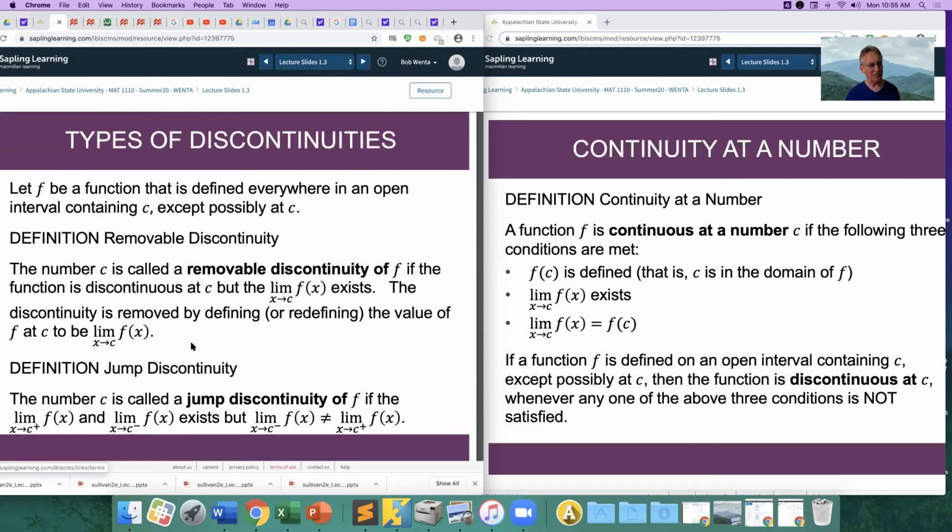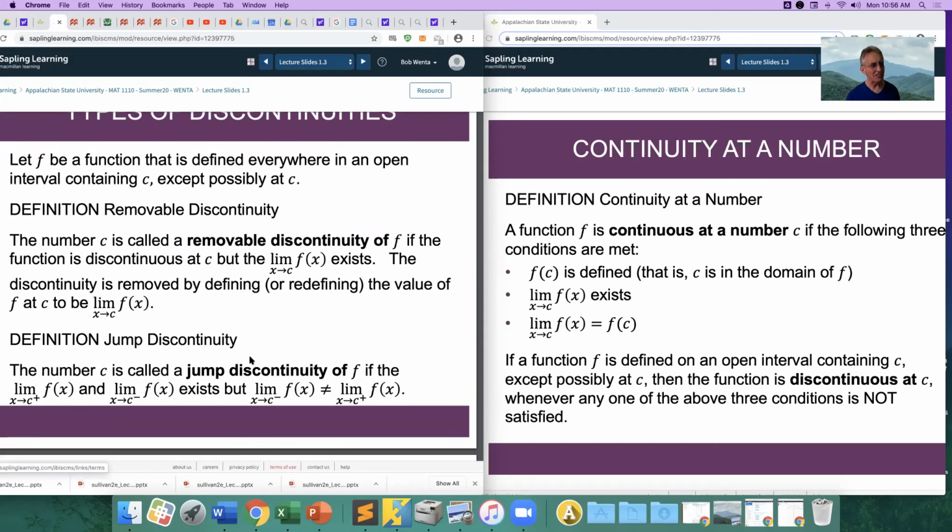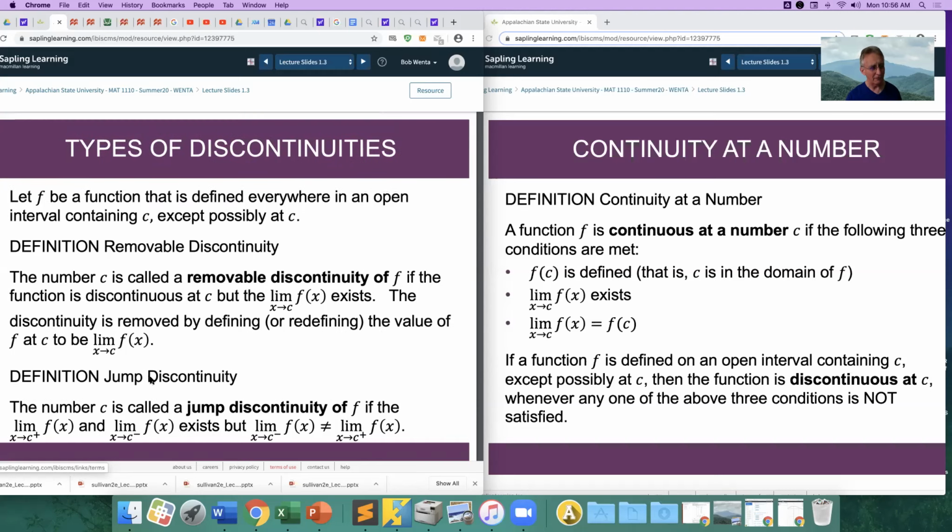A removable discontinuity is such that the discontinuity is removed by defining or redefining the value at the hole. Whereas a jump discontinuity is when the limit from the right and the limit from the left are not the same value.